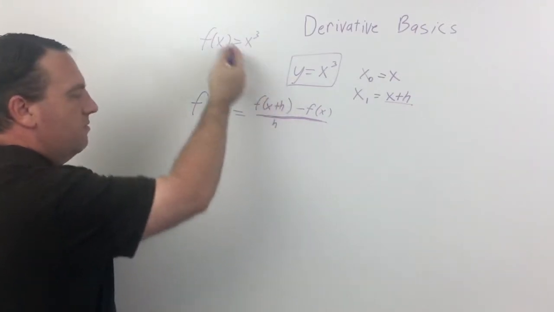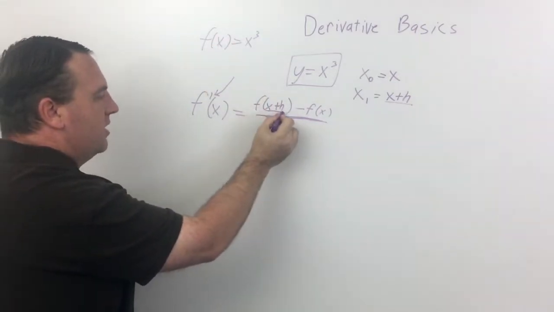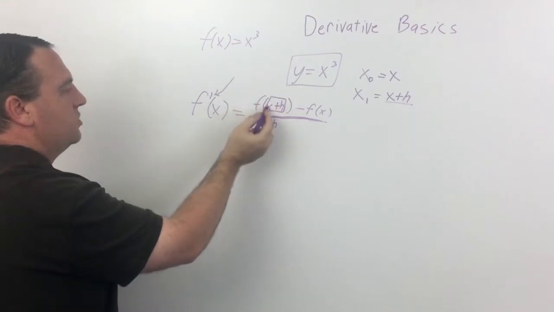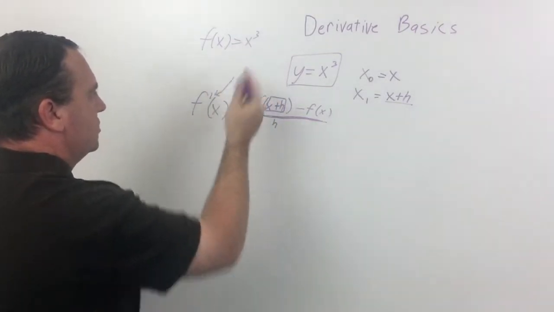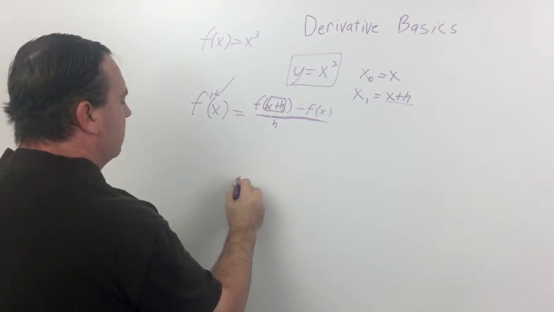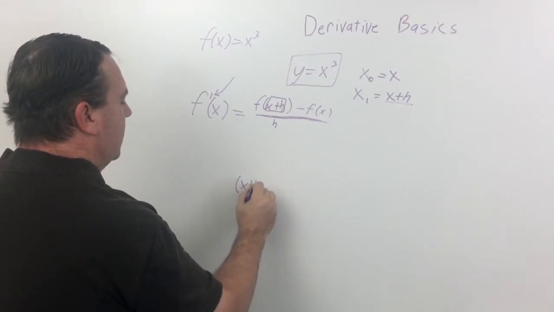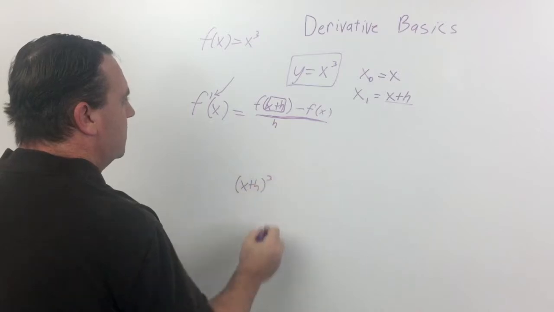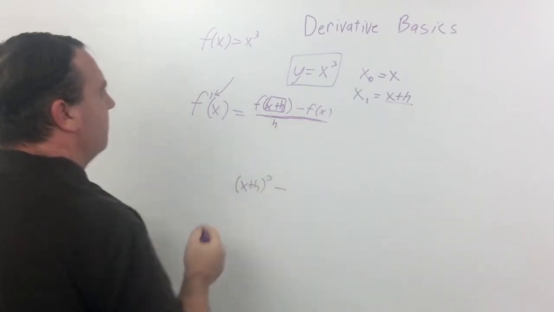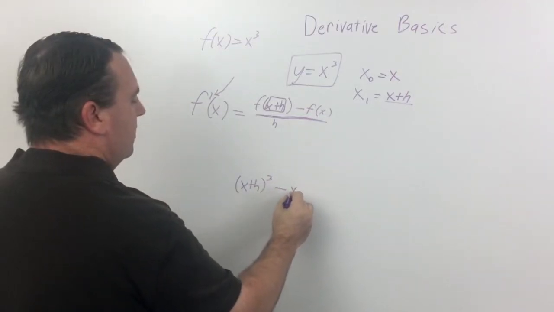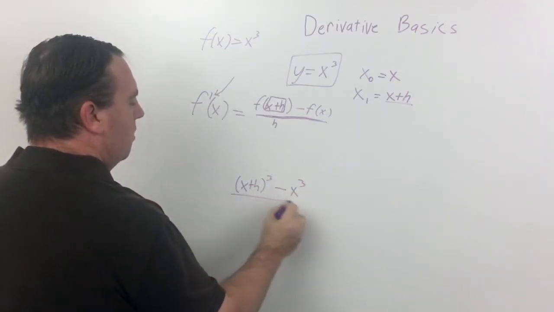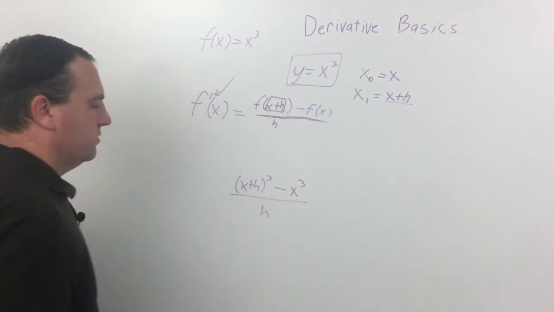And so the way that we do functions is we'll replace x with x plus h in the formula. So this will give us x plus h cubed minus f of x. Well, if I put in x for x, I just get x cubed all over h.